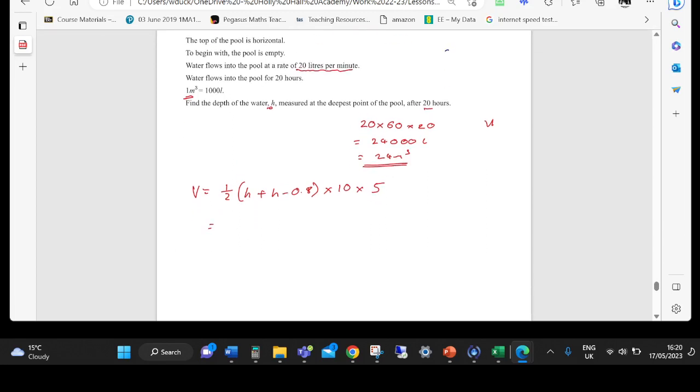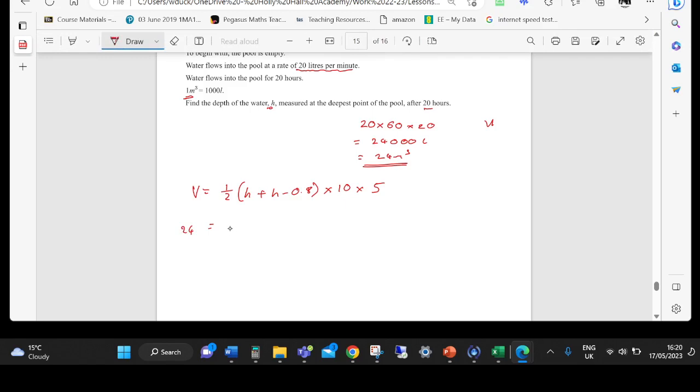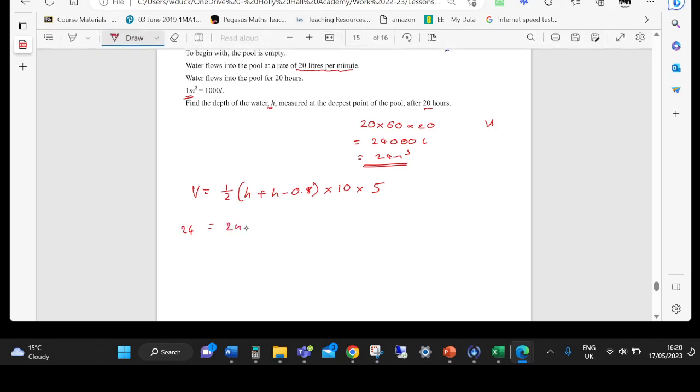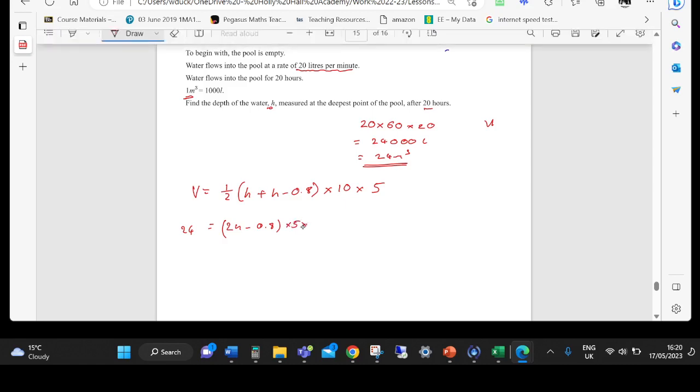I'm going to mess around with this a little bit, so I'm going to say that 24 is equal to 2h minus 0.8, and what I've done there is halve that value, times 5 times 5.